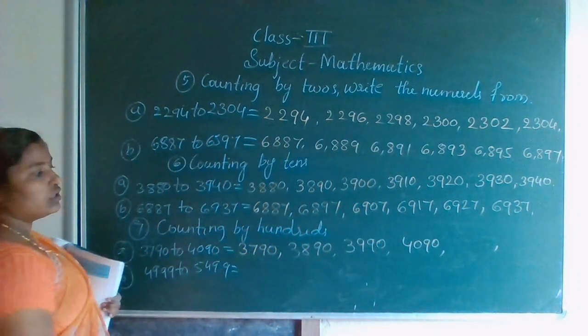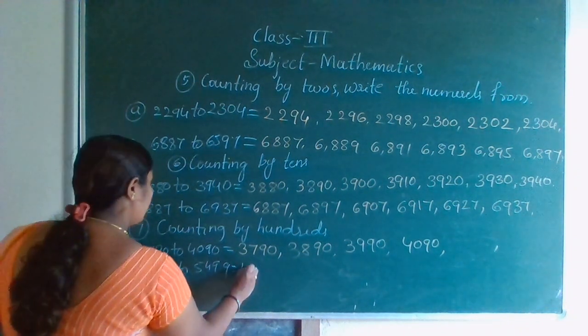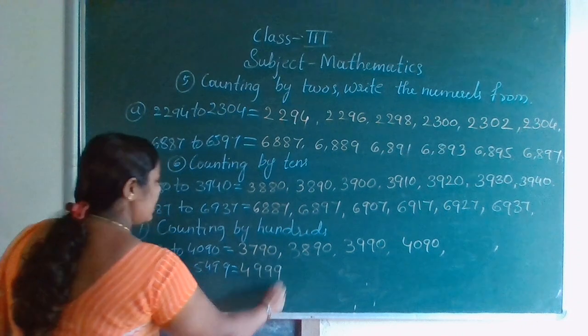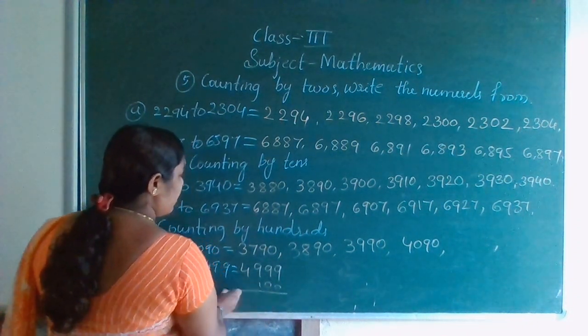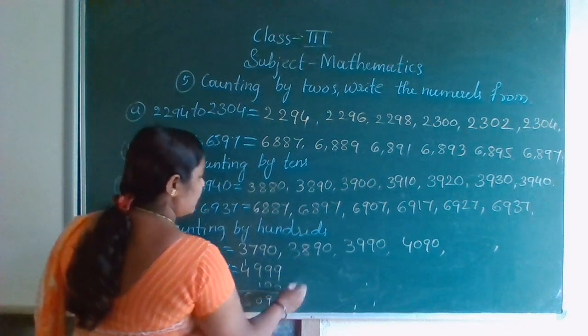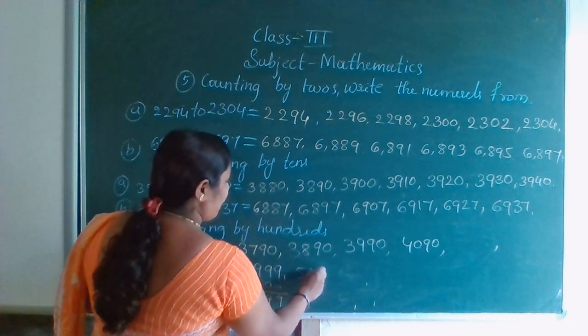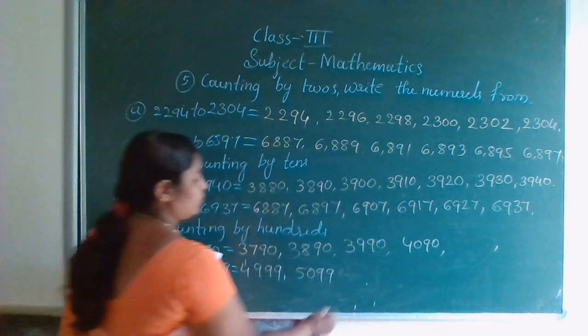See 4090. Next, first number 4999. Add 100 to this. How much it will become? 5099. Okay, again add 100 to this.